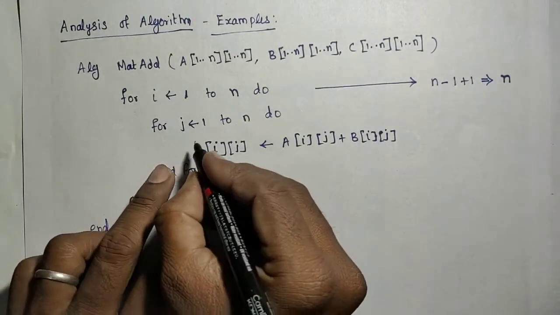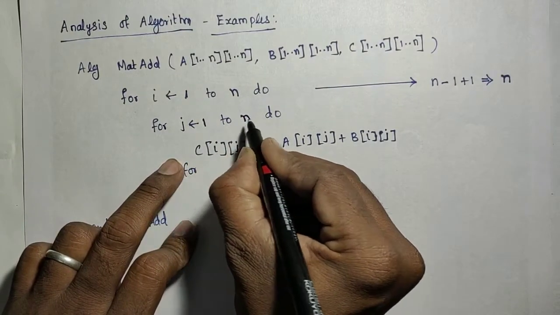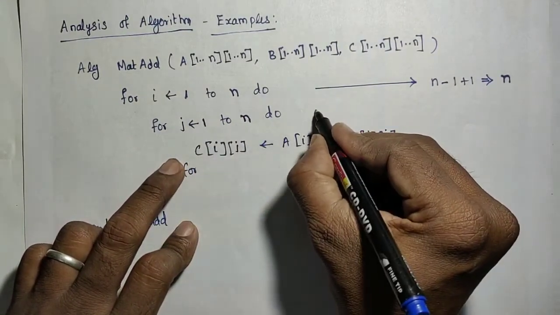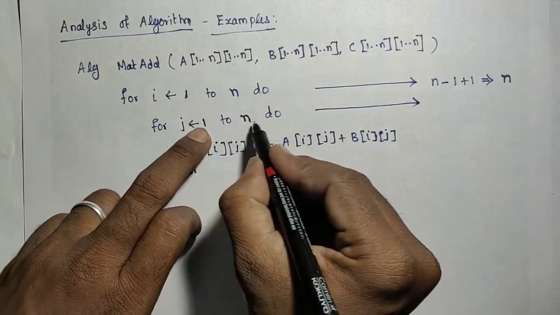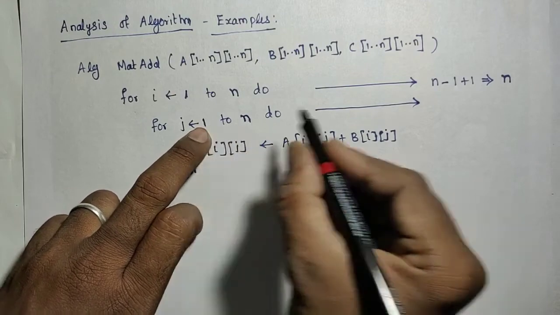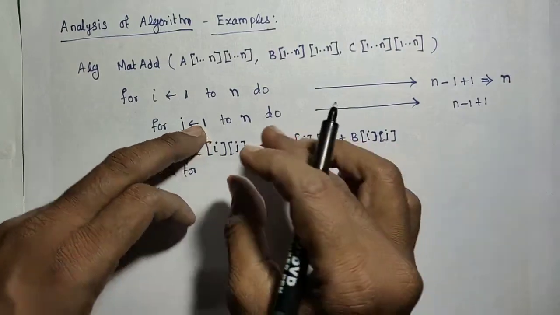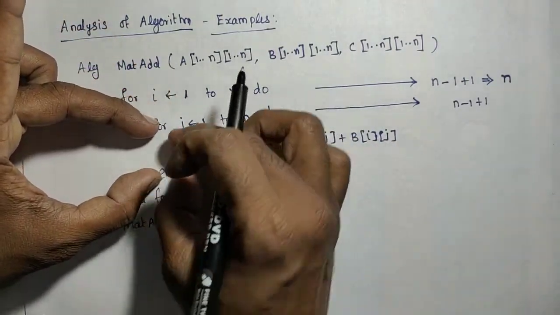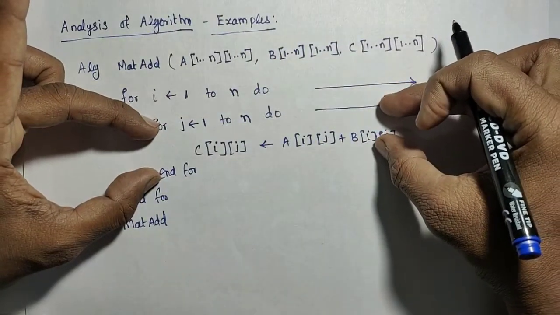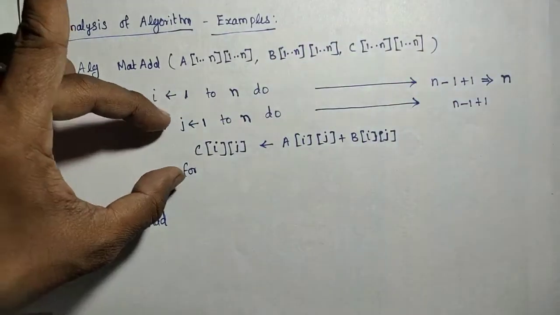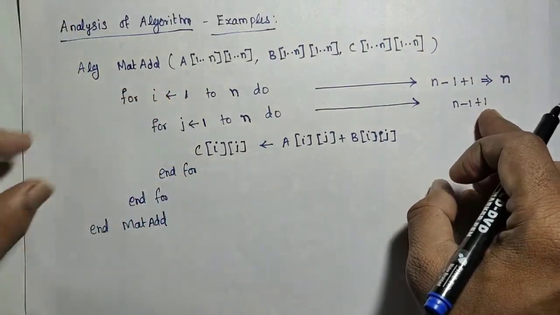Next, this inner loop, 1 to n, is going to be executed how many times? How can we find this count? Upper minus lower plus 1, that is n minus 1 plus 1. So that many times the content of this for loop is going to be executed. So the number of iterations for the inner for loop is n minus 1 plus 1, correct?